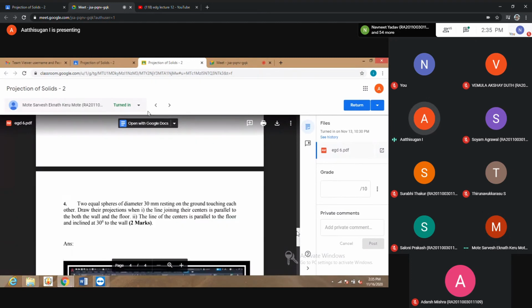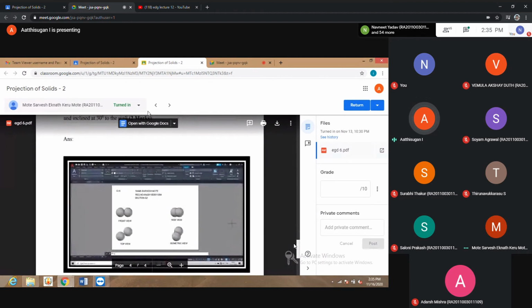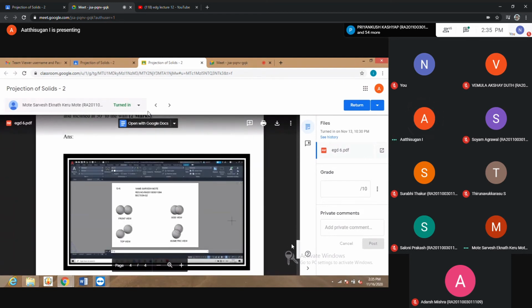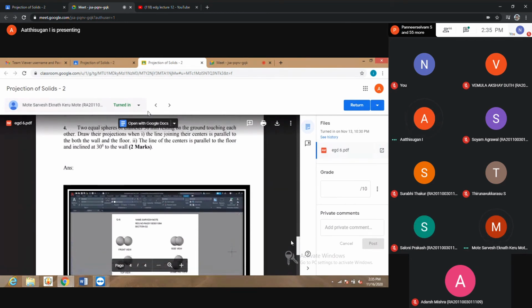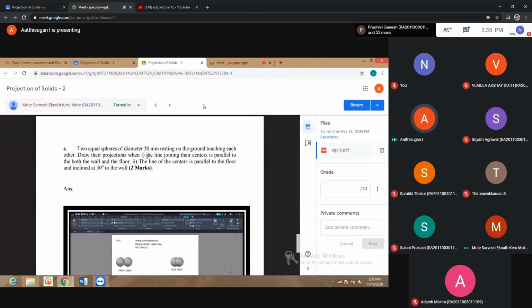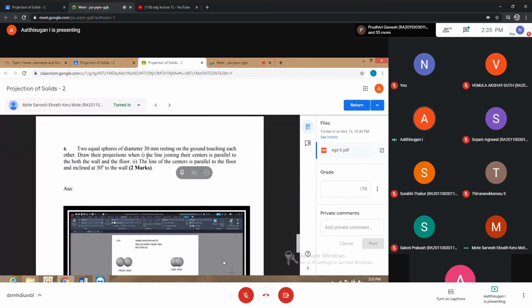But here one more question is done. It has two subdivisions. One is the line joining the centers parallel to both the wall and the floor, then inclined. But in the top view you draw only one. The fourth one has two subdivisions. One is the line joining the centers parallel to both wall and floor.